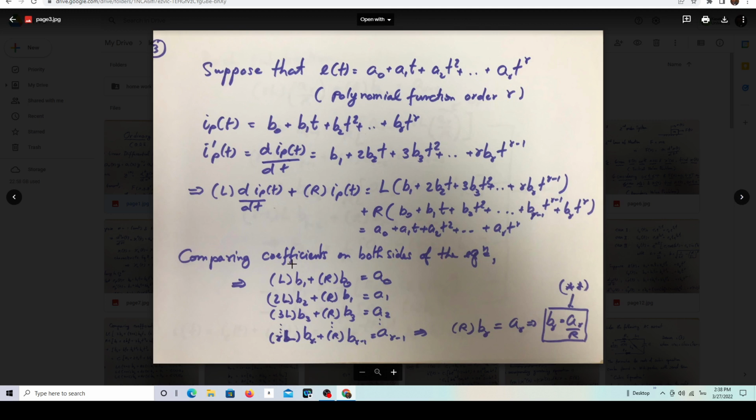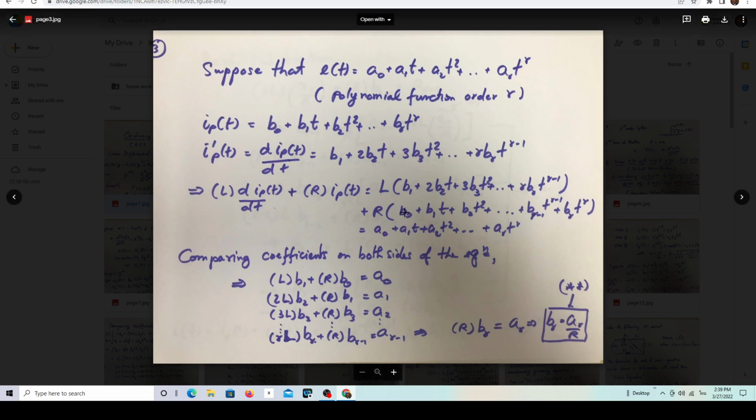When you compare coefficients on both sides of the equation here, let's look at the constant term. The left hand side constant term is L times B sub 1 plus R times B sub 0. This is a constant term, no multiplication with any t.